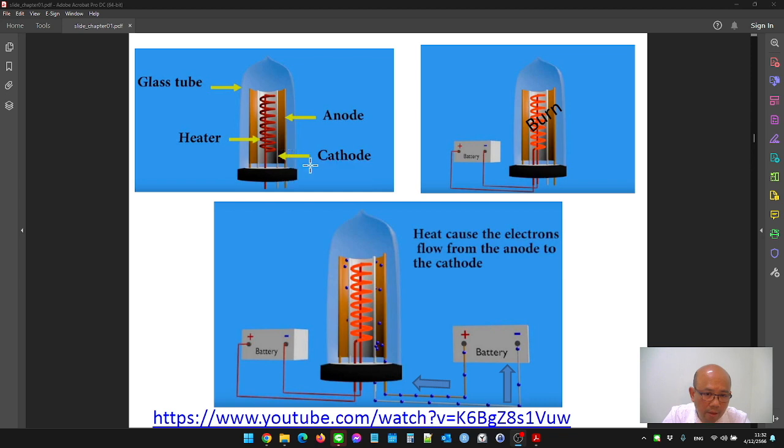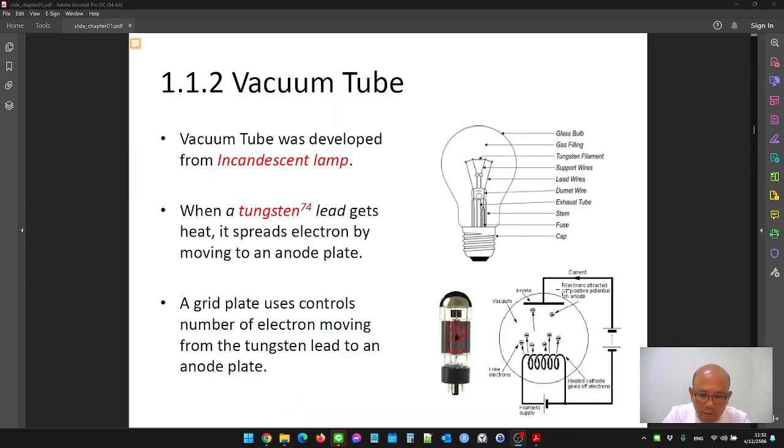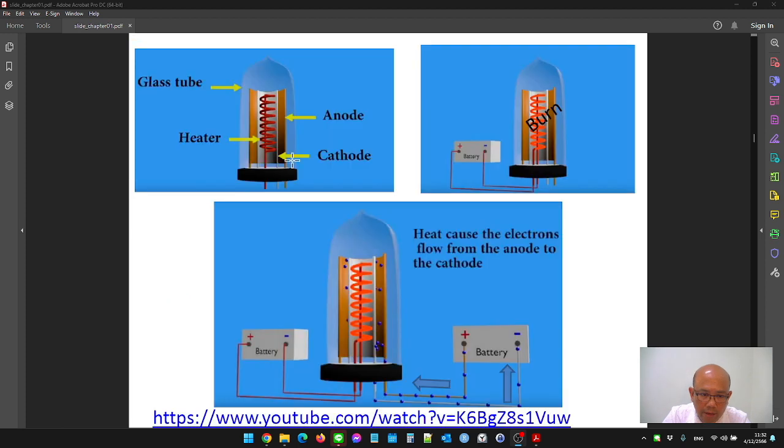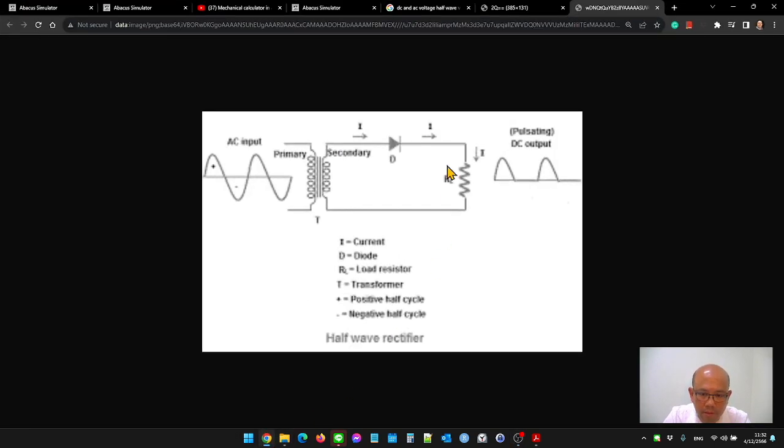The plate outside is called the anode, and the plate inside close to the tungsten coil is called the cathode, like the diodes. I will show you the next slide. The diode has two pins here, anode and cathode. That is a name from the vacuum tube.